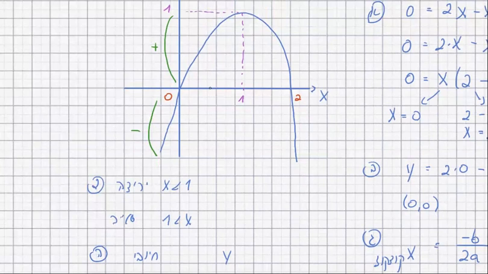No. Actually, I'm sorry, I confused you. You have to do it by the x. I'm really sorry. So for what x's is the y positive? Let's start with that.